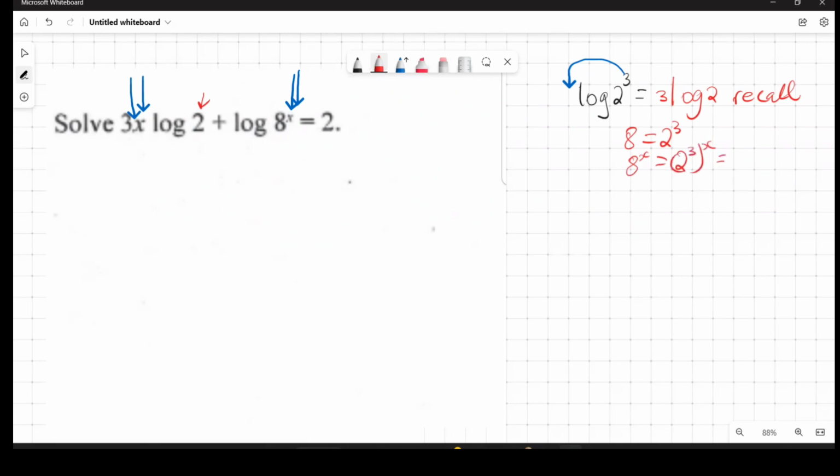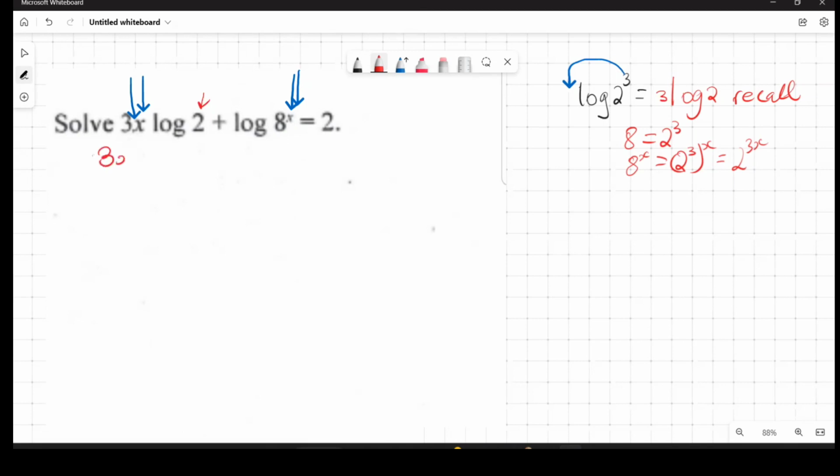And based on the laws of indices, this is the same thing as 2 raised to the 3x. So you could see I can rewrite my 8 to the x as 2 to the 3x. There are many ways to solve a problem. I'm just saying we can rewrite.